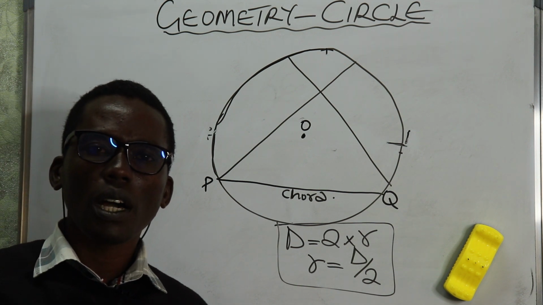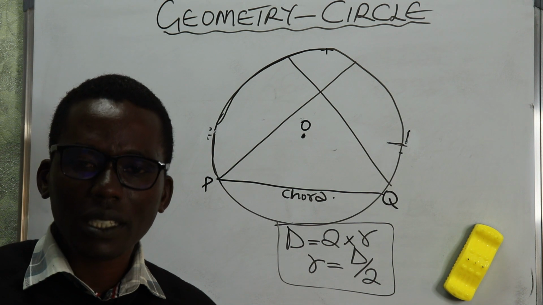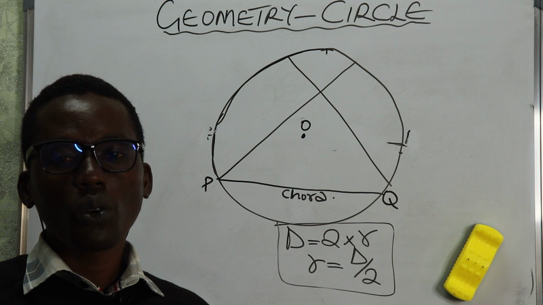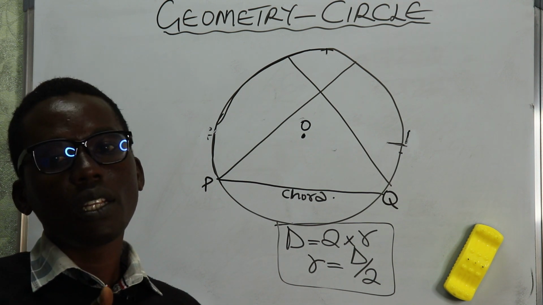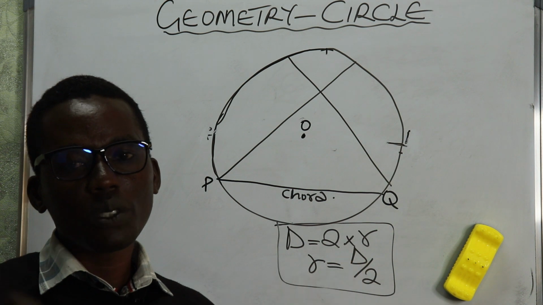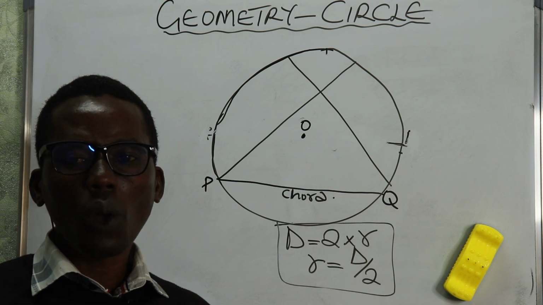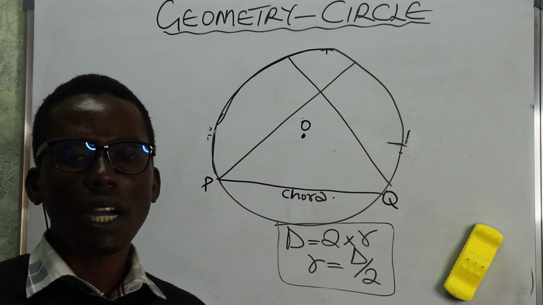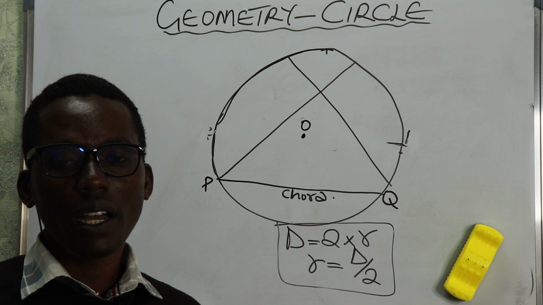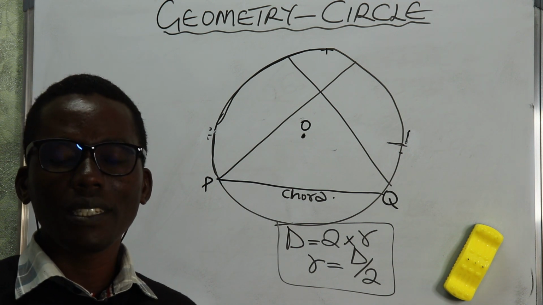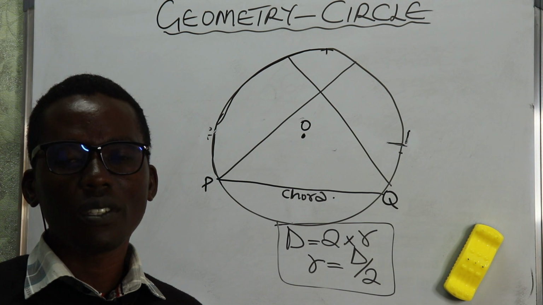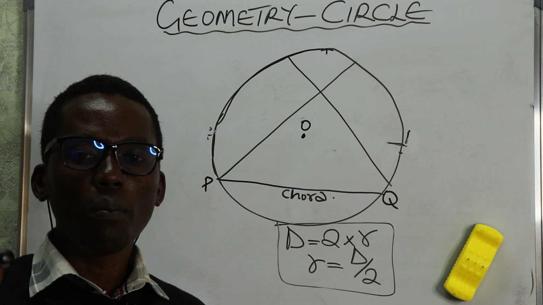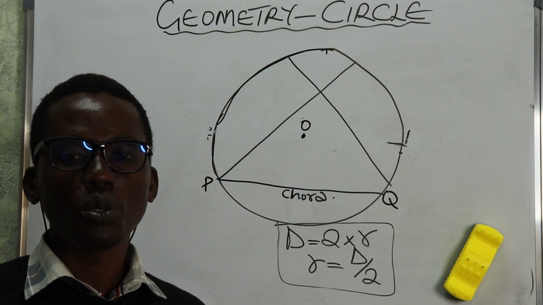Now, the diameter we can say is the longest chord of any circle because it cuts across the circle through the center. The difference between the diameter and the chord, as I've said earlier, is that the diameter passes through the center O of the circle, while the chord may or may not pass through the center.